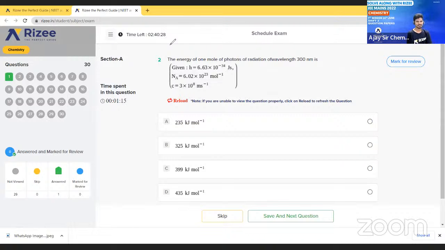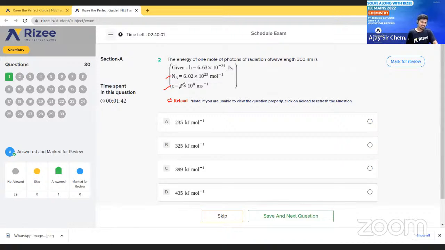Even though it is a numerical based question, maybe it will take some time, but you can find the answer within 1 to 2 minutes. It's very easy if you know the formula and they have given everything here. So what is the h value, N value, c value? We just have to put the values and then we will get the answer.